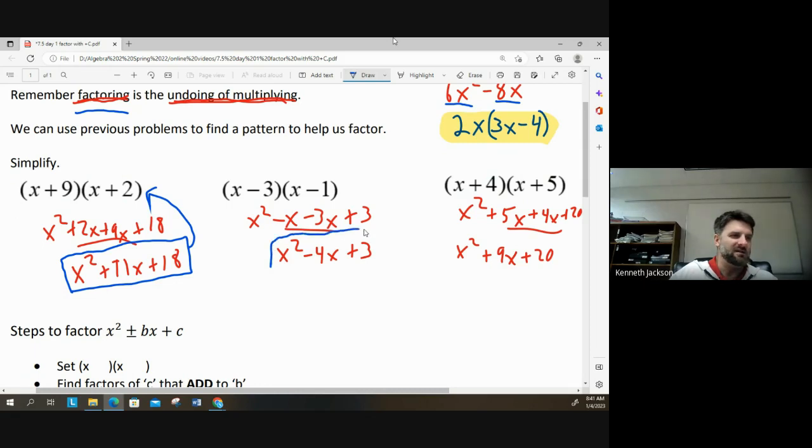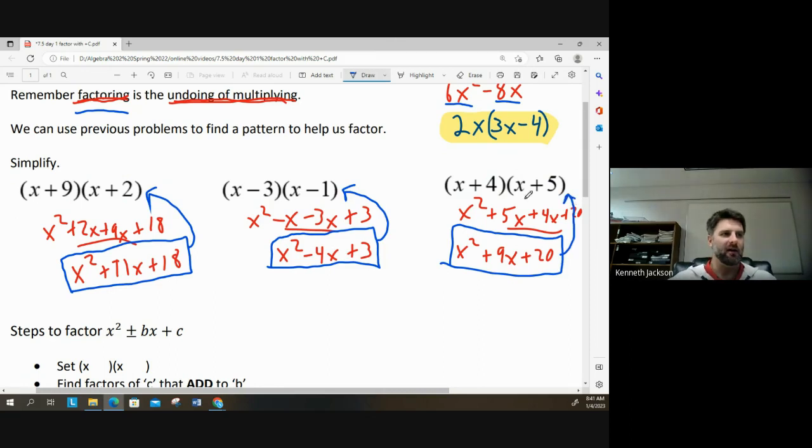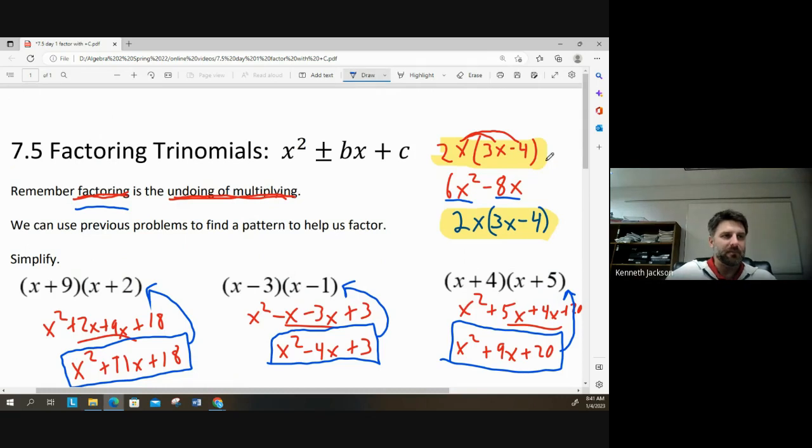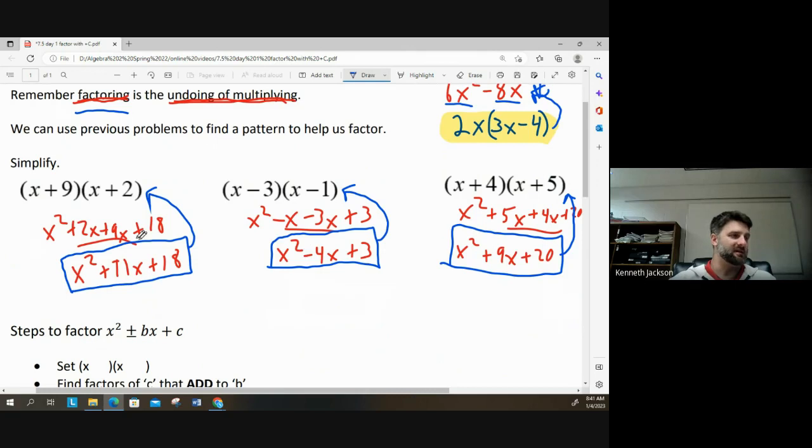We're trying to take this that was multiplied and pull it back apart to end up here. And what I'm saying is here we multiplied to end up with our answer, and we could factor to end up back here. So let's take a look at these parentheses.